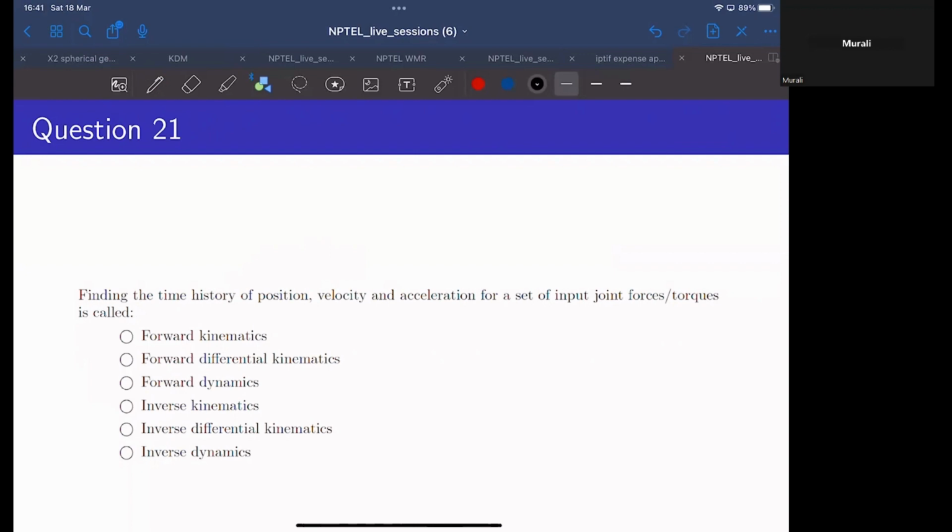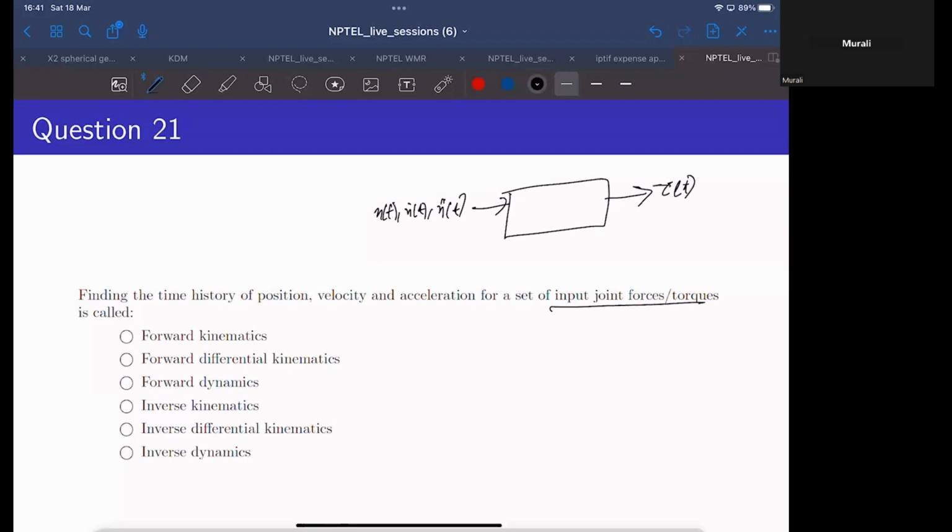So you are given the time history of position, that is theta of t, theta dot of t, and theta double dot of t, and you will obtain a set of input torques as output. So what is this process called? Is this forward dynamics or inverse dynamics? Sorry, this is inverse dynamics, right?